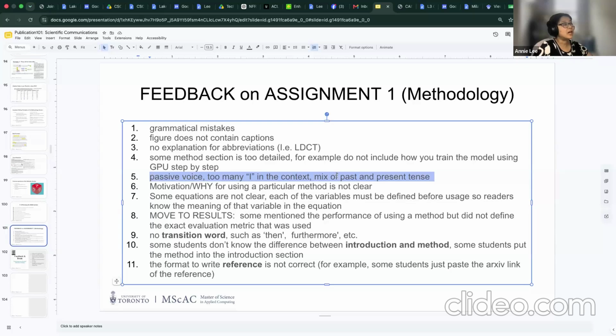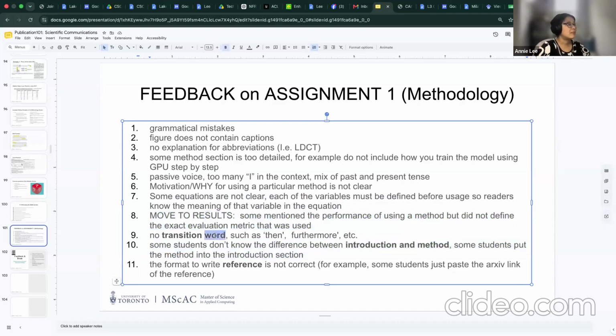Passive voice or too many I's or mixed tenses. The motivation of why is not clear. Why you're doing something needs to be in the first sentence. Make it up front. Equations not being clear, variables not being clear. Adding results in your method section; make sure your results are in the results section, not in the methods.